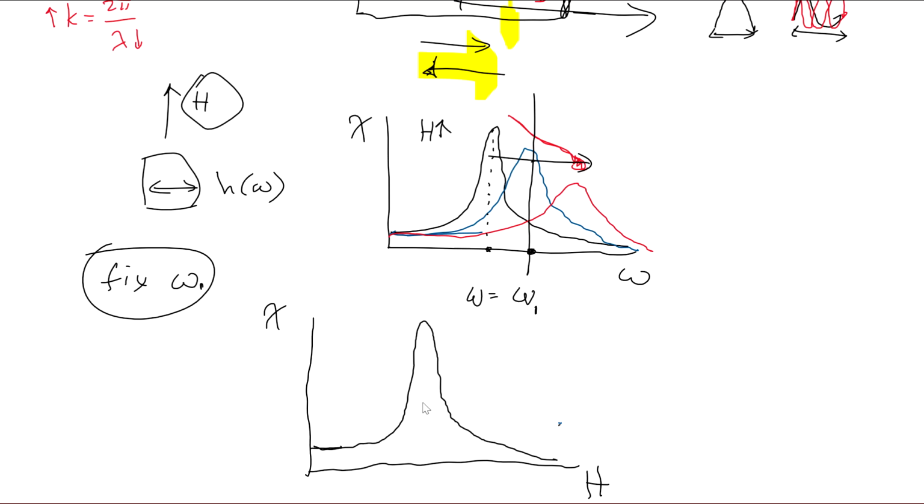Let me redraw this curve. We are moving from the other end. So we will start at a certain value, move up, reach resonance, and then move down. So instead of varying the measurement frequency, we move the resonance frequency to the measurement frequency with the magnetic field.